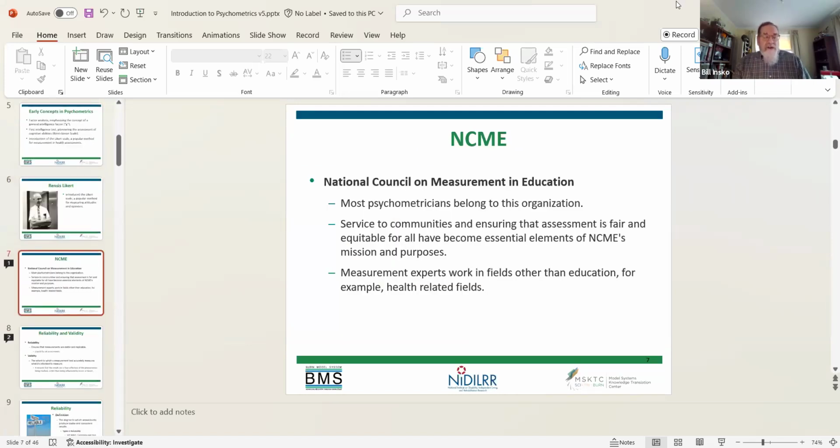One last thing before we get started in earnest is where do all these psychometricians live? They live at the National Council on Measurement in Education. So most psychometricians belong to this organization. Their duty is not only to promote and build the field, but also to keep it fair and equitable. So they're very strongly involved in fairness and bias reduction and things like that.